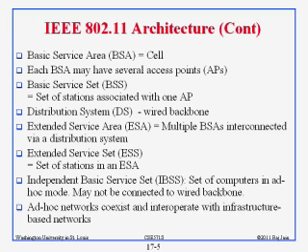And then distributed set, and then the extended service area is the BSAs connected via the background. And then the extended service set is the set of stations, and IBSS is the ad hoc stations.